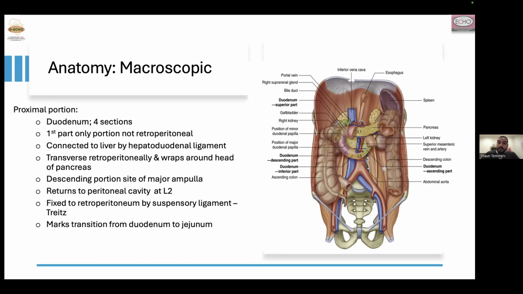It then returns to the abdominal cavity at around L2, and then it's fixed by this cross-folding of mesentery, the suspensory ligament, which you know as the ligament of Treitz, an important landmark, as alluded to in earlier talks, for differentiating the site of GI bleeds. This point also marks the transition of duodenum to jejunum.